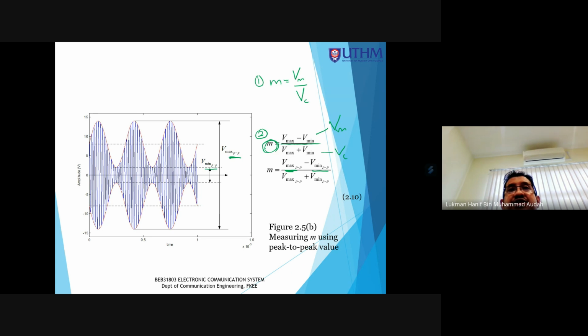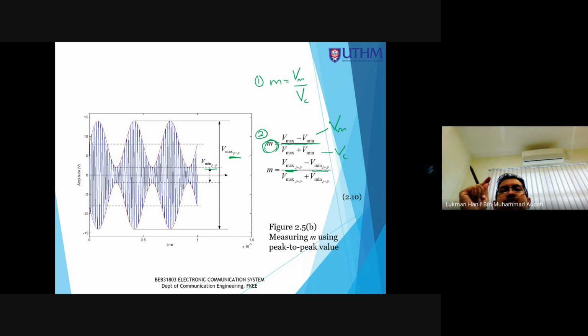So for your information, in the previous semester, we asked these kinds of questions, where we give the students a graph of a signal, and from that graph, the students need to determine the modulation index.